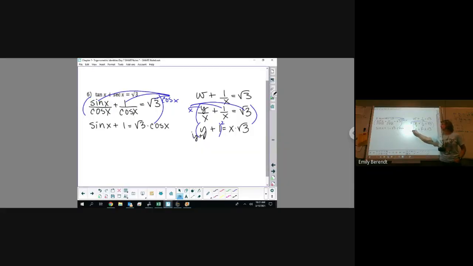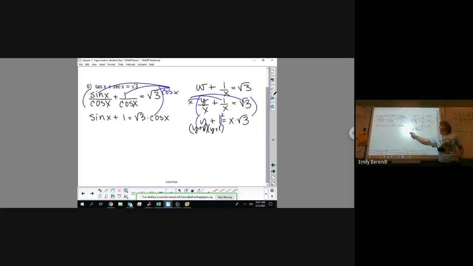So over here in algebra land, we would FOIL to get y squared plus 1y and 1y makes 2y plus 1 equals, but then on the right-hand side, we have to square it, but we're squaring a monomial.